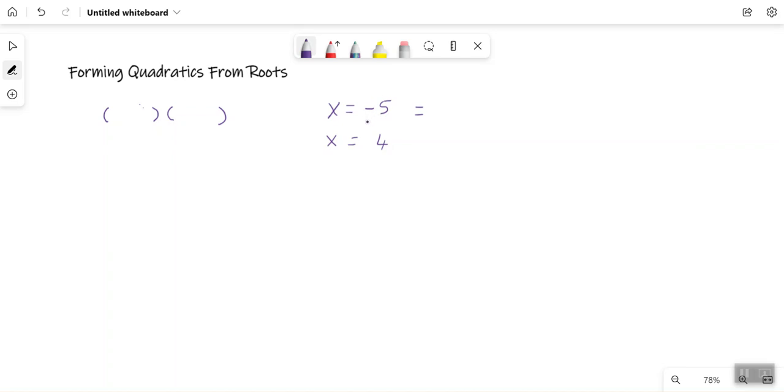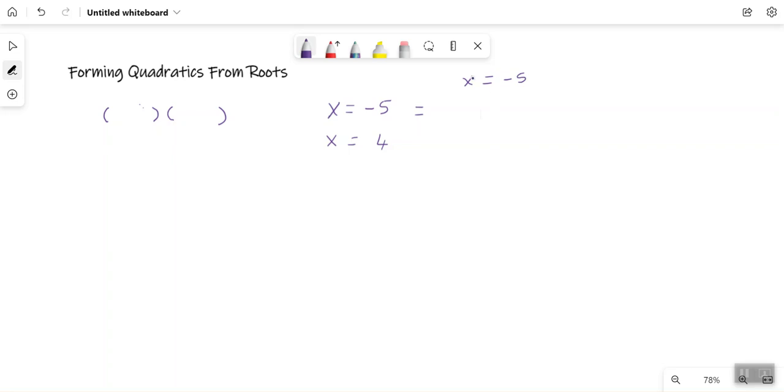So how do we do that? Well, we have x is equal to minus 5.